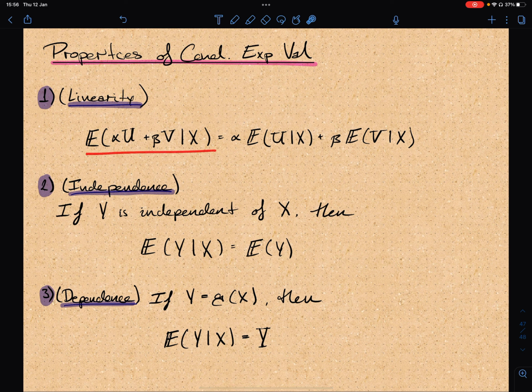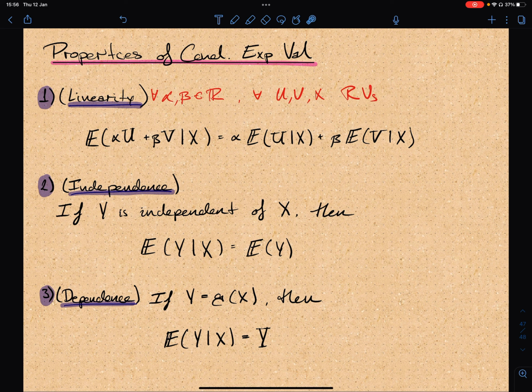So we have this linearity property that you can factor out the summation and multiplication of this expected value if you condition on x, and you just carry out the conditional expected value. And this is for alpha and beta some constants, for every alpha and beta constants, and for every random variables u, v, and x.